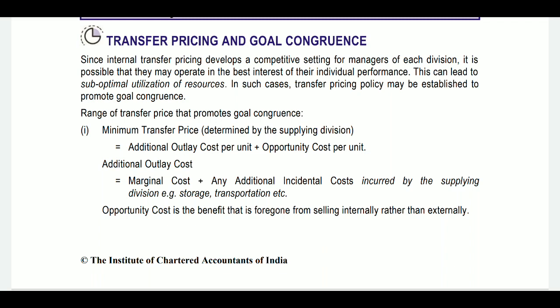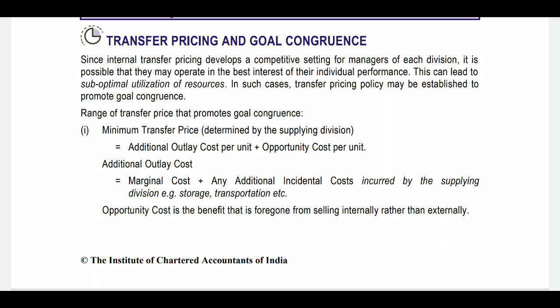Since internal transfer pricing develops a competitive setting for managers, each division will have performance targets, so they will achieve their goals. For that goal achievement we have goal congruence, otherwise it can lead to suboptimal utilization of resources. Whatever resources you have, we will utilize properly.